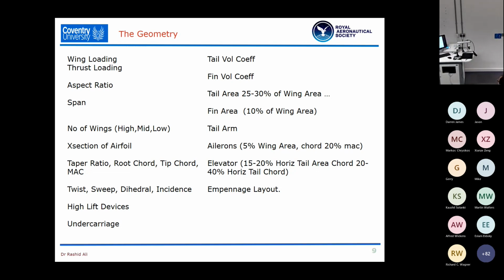But then comes a bit of the black magic area. The black magic area is what I call the empennage design. There are lots and lots of different combinations of how you can design the empennage, from V-tails to T-tails to cruciform tails, etc., etc. There's a whole variety of different empennage configurations that you can have.